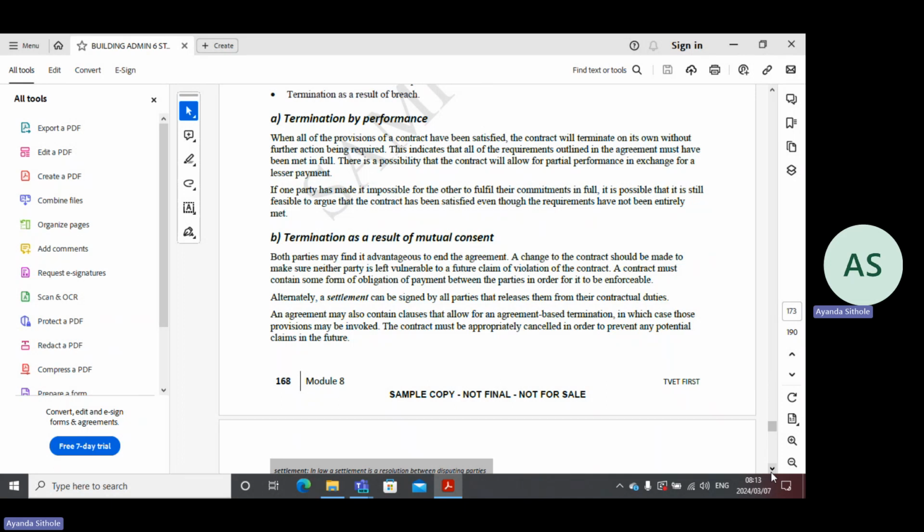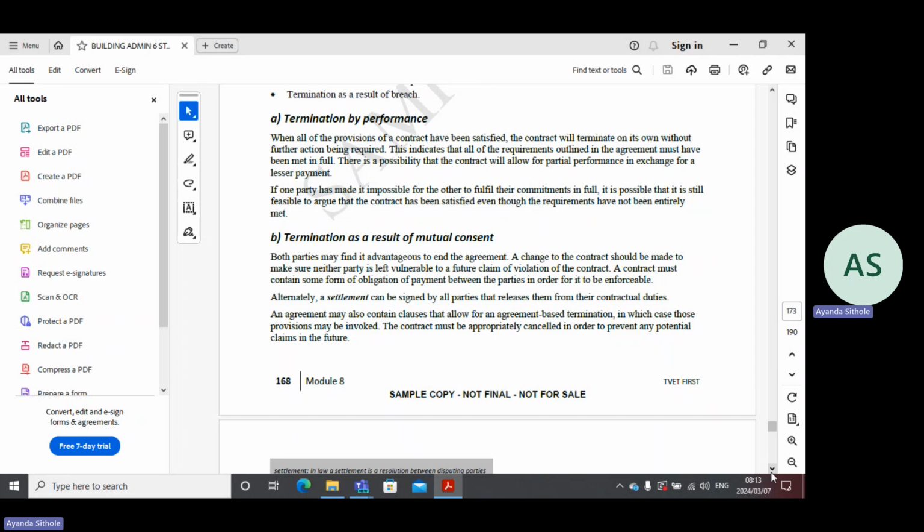Both parties may find it advantageous to end the agreement. A change to a contract should be made to make sure neither party is left vulnerable to a future claim of violation of the contract.